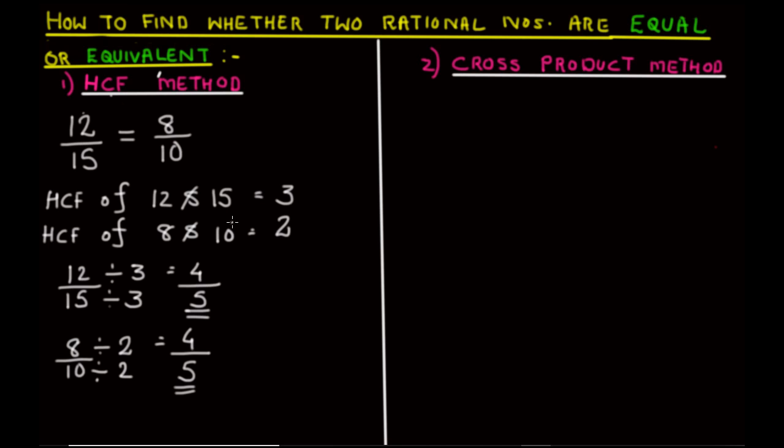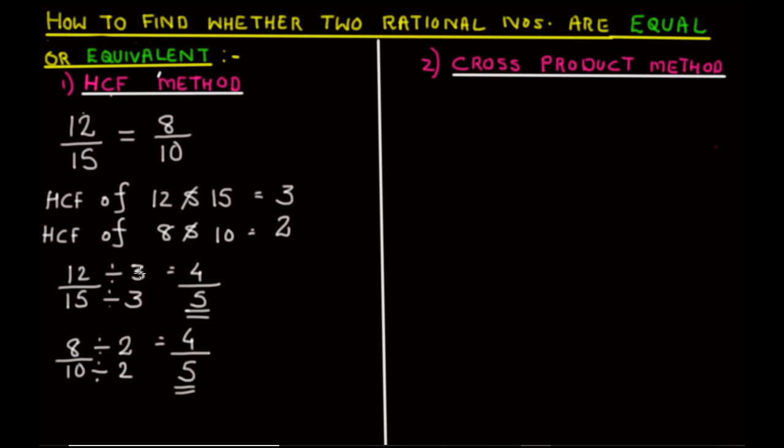Let me reiterate once again. In order to find whether two rational numbers are equal or equivalent, we have taken this example of 12 by 15 and 8 by 10. We first find the HCF of 12 and 15, which is 3, and the HCF of 8 and 10, which is 2.